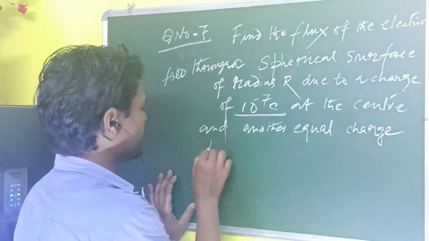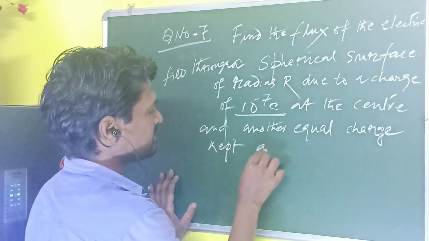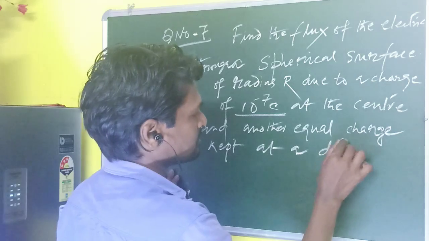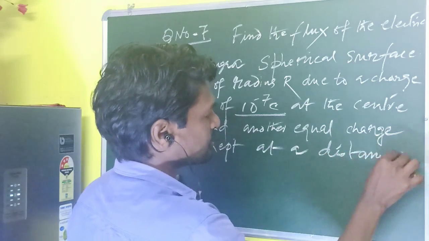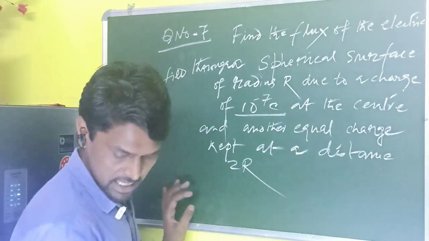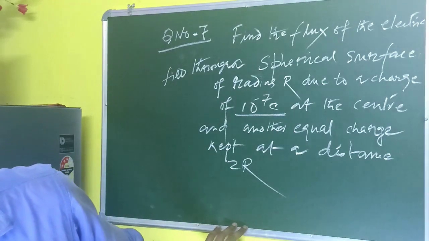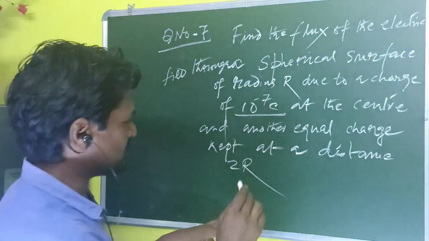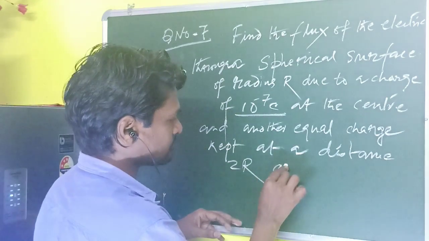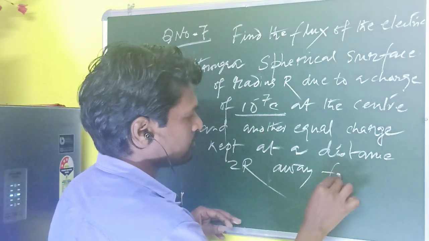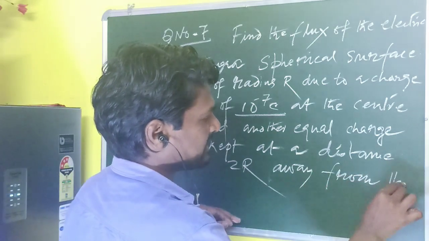Another equal charge is kept at a distance 2r away from the center.